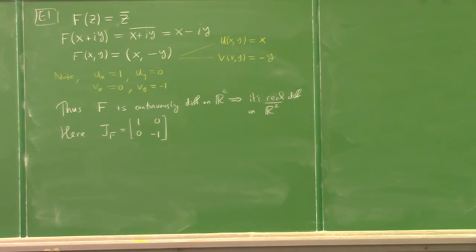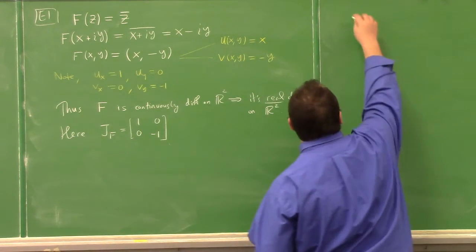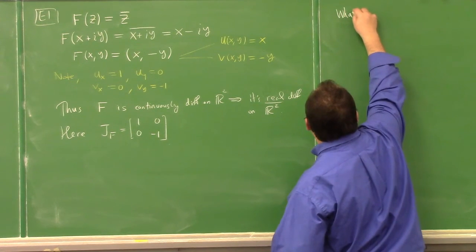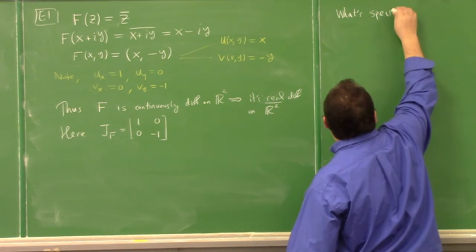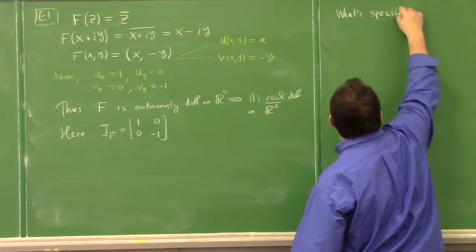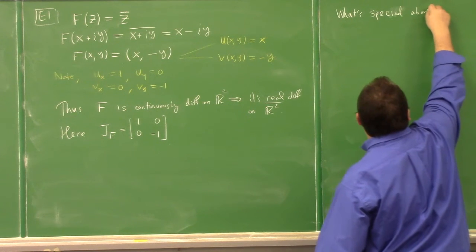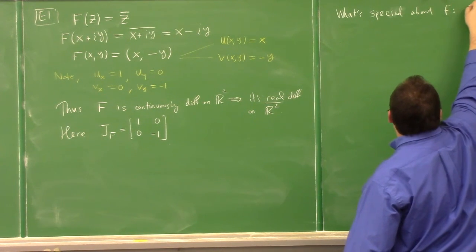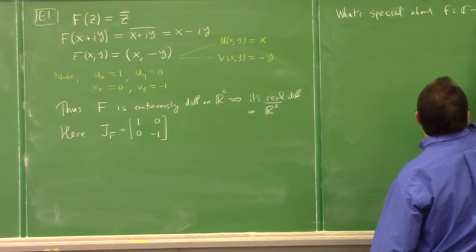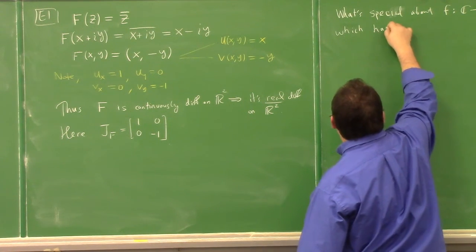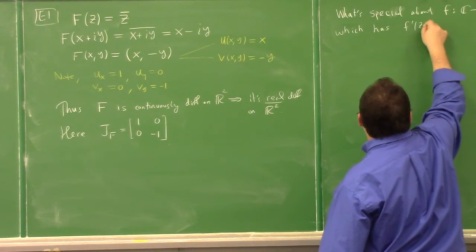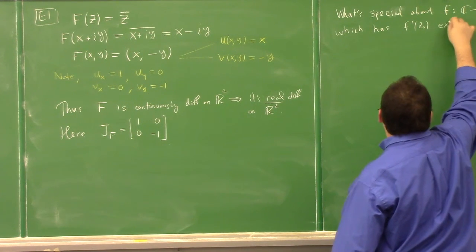So what makes a complex function special, right? So let's discuss what is special about f from C to C, which has f prime of z naught existing, right?